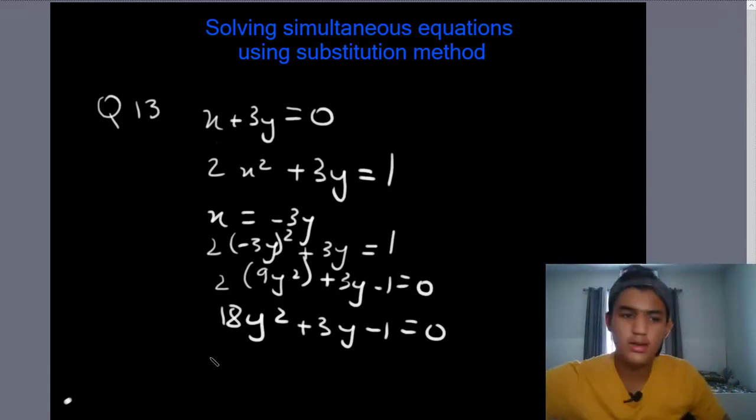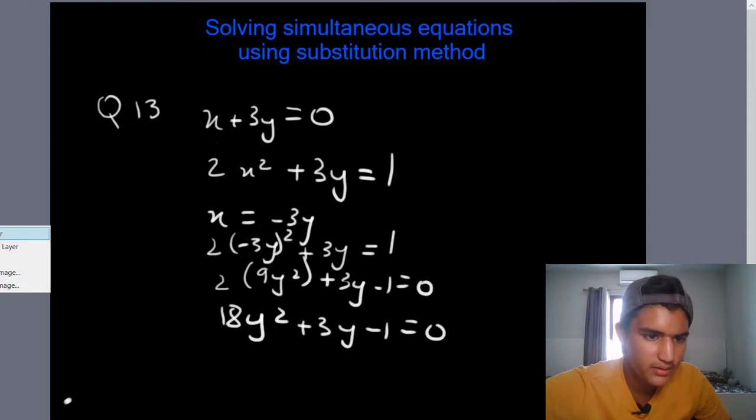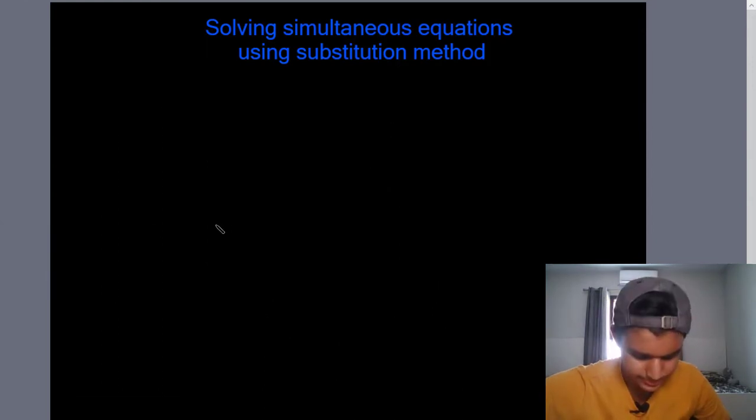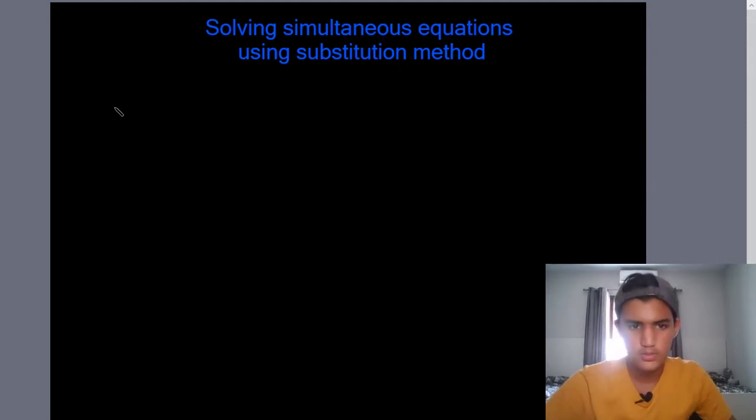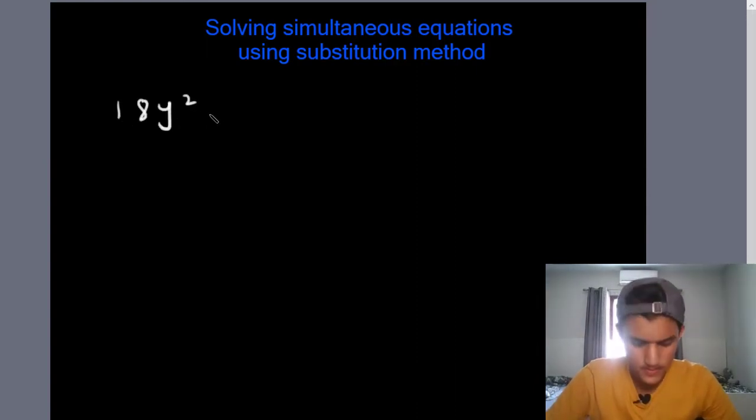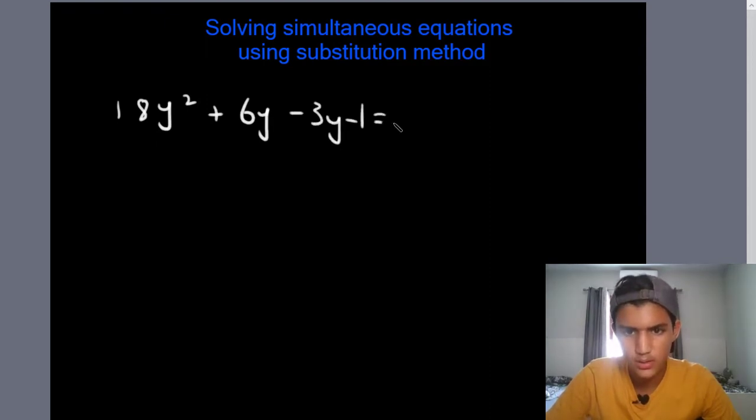Now we're going to middle term break this. So 18y squared plus 6y minus 3y minus 1 is equal to 0.